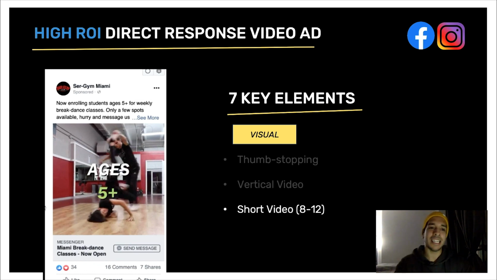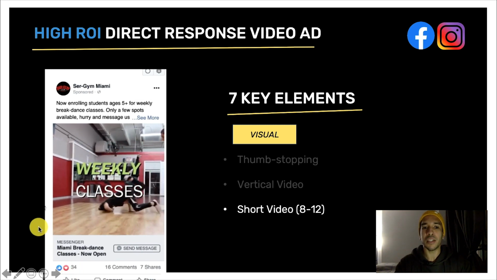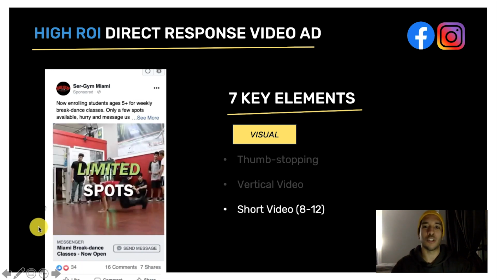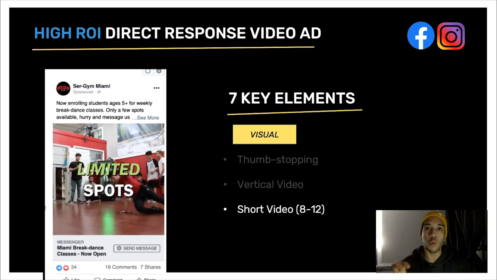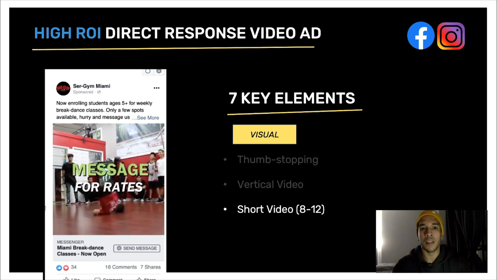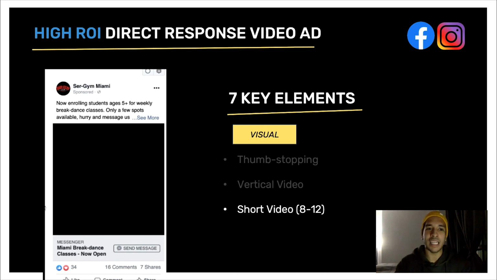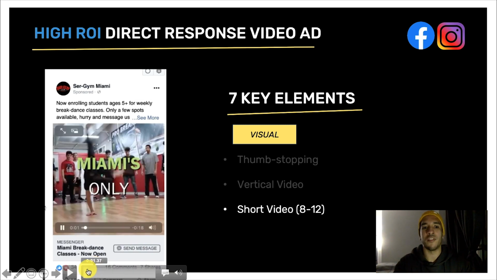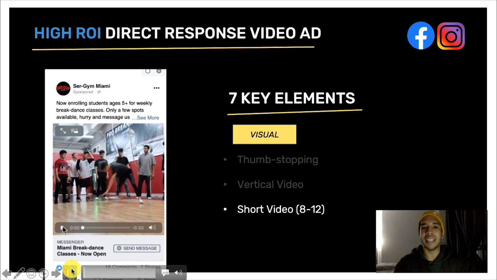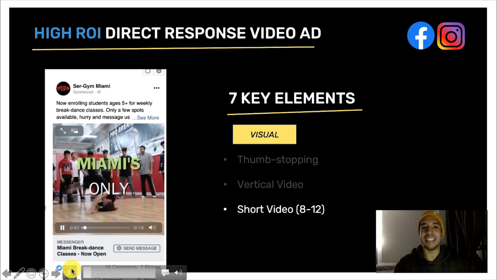And then the next thing is you want your videos obviously to be short. Now this video in particular isn't actually that short. It's not the 8 to 12 second rule that we use right now, moving into 2020. This video is actually a 20-second video. Just keep in mind that this is a guideline.